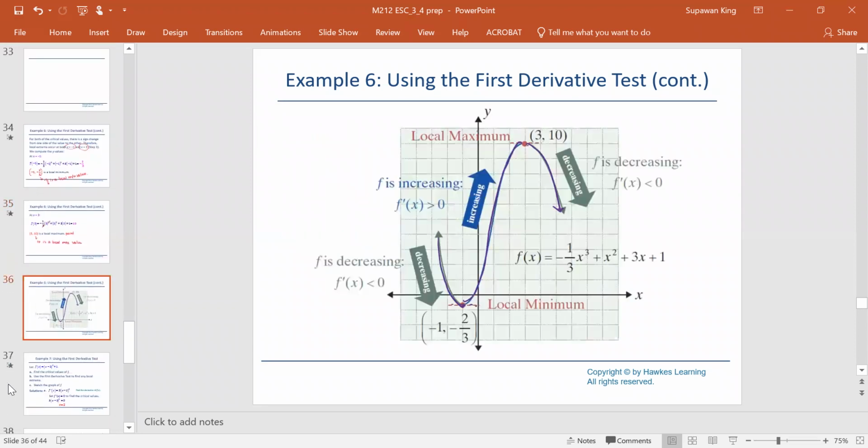And put together in a graph: the local minimum at (negative 1, negative 2/3), the local maximum at (3, 10), and the graph decreasing on the left side of negative 1, increasing between negative 1 and 3, and decreasing on the right side of 3.